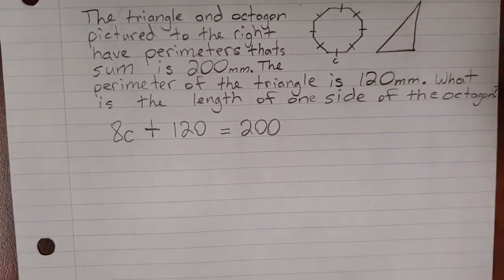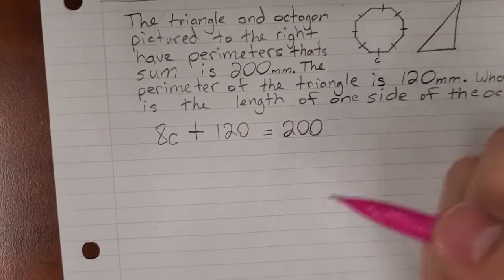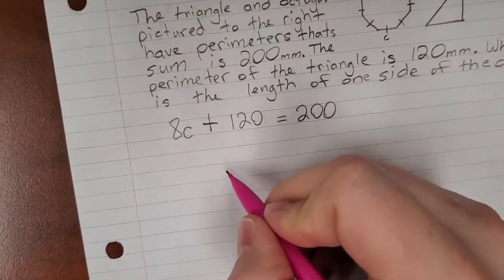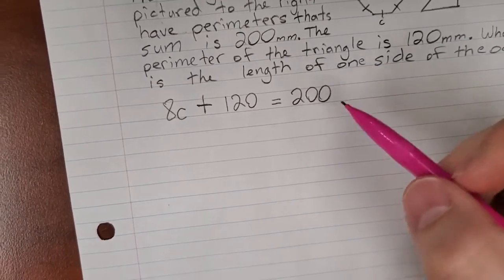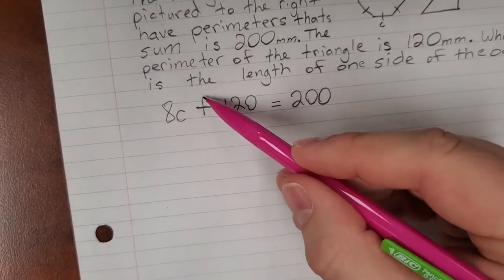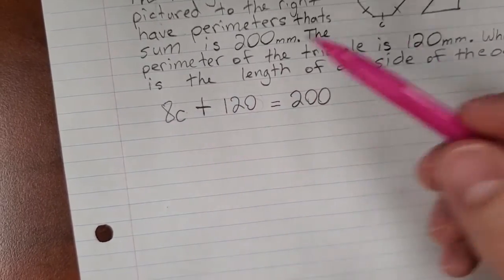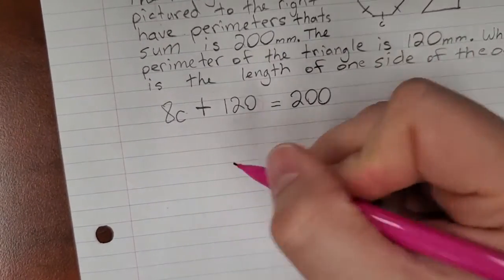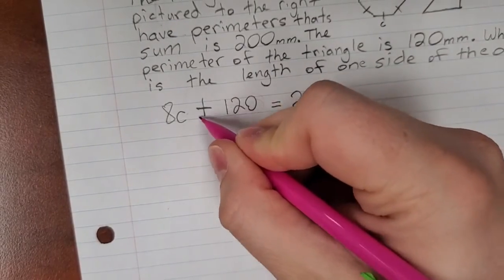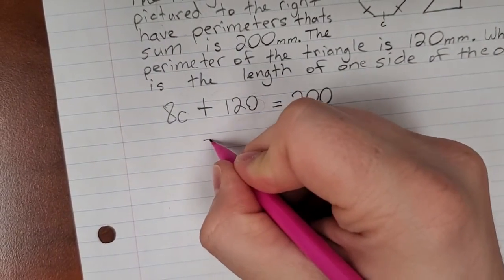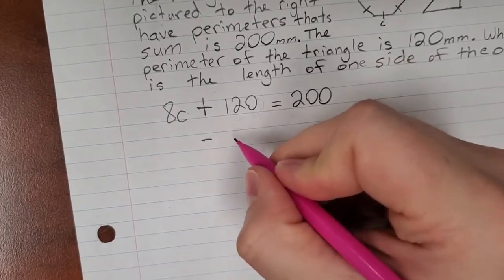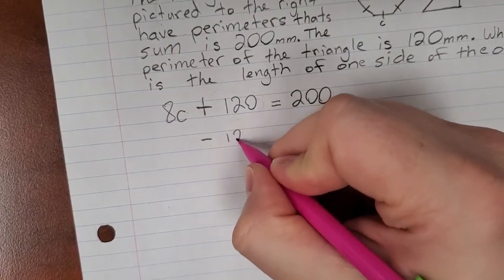So now that we have our equation, we can figure out the length of one of these sides by looking at this equation and solving it. First step is to get rid of the constant, this extra thing that's not attached with multiplication or division to our variable. And to get rid of it, this is positive. The opposite of adding is subtraction, and we're going to subtract that same amount.